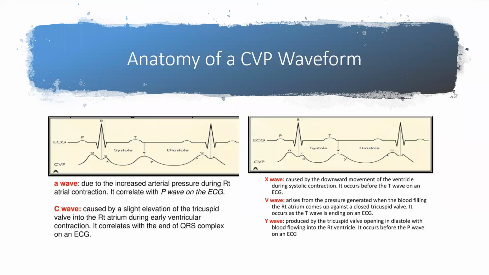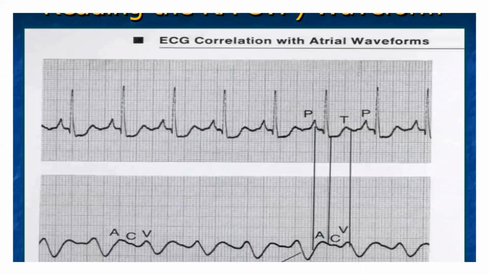Okay, this is just going to be a slide that would be useful for you in reviewing what the different waveforms actually manifest. So here is what you would do whenever you are working in the ICU and you have to locate where the A wave, the C wave, and the V wave are.